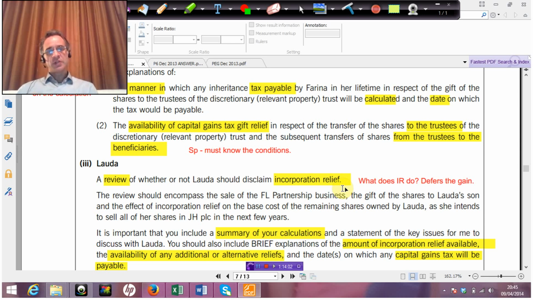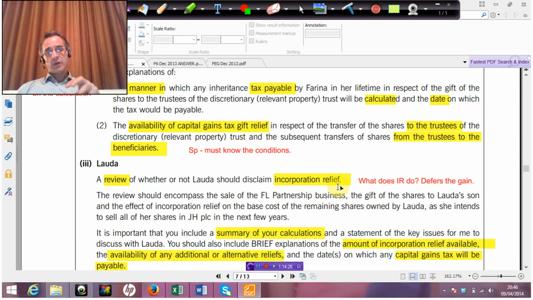Okay, so really, what does it do? Well, essentially, when she receives the shares from JH PLC, the base cost of those shares has to be reduced by any incorporation relief that she's claiming. So in other words, what incorporation relief does is it says, you're making a disposal of assets within a business, and in effect, you're crystallizing a gain now.